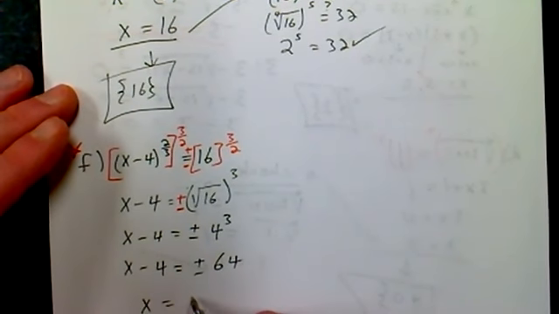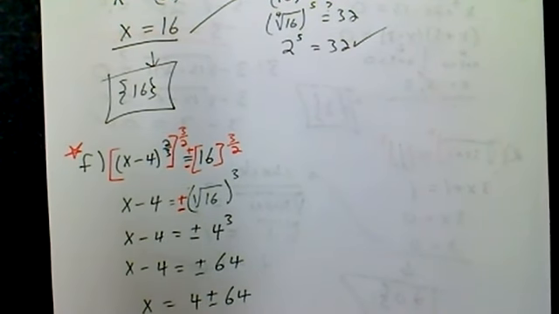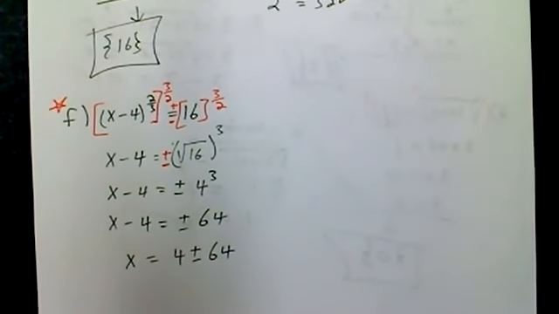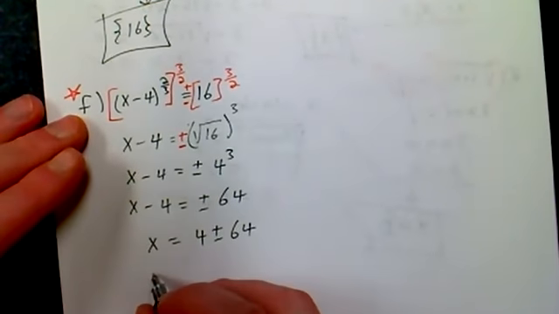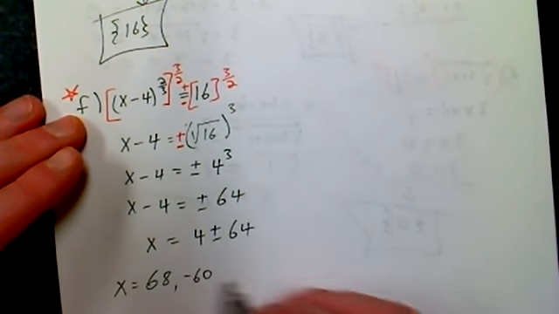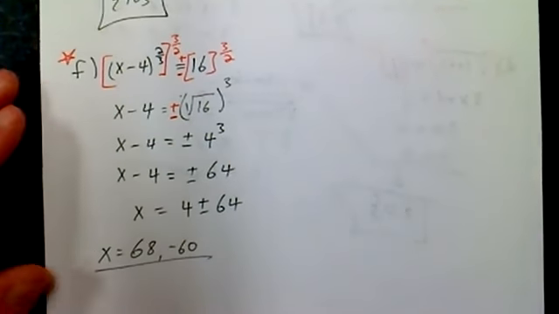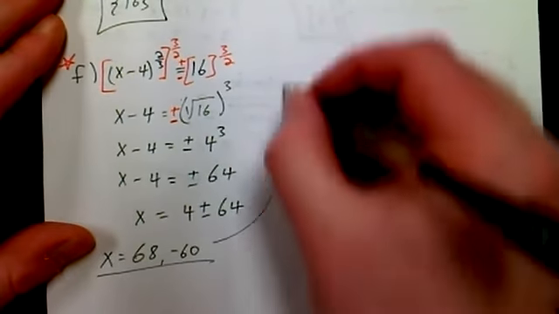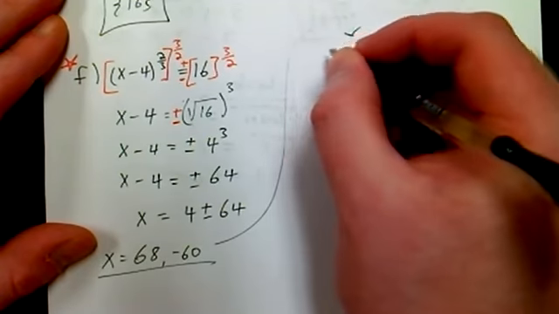That means x is equal to 4 plus or minus 64 if I add 4 to both sides. So 4 plus 64, we're looking at a possible 68, and 4 minus 64, we're looking at a possible negative 60. But of course, what do we have to do? We always have to check these. So now I'm going to go through and check them.